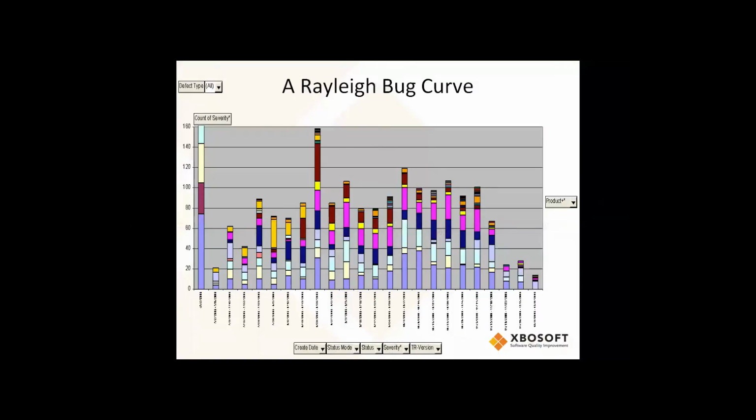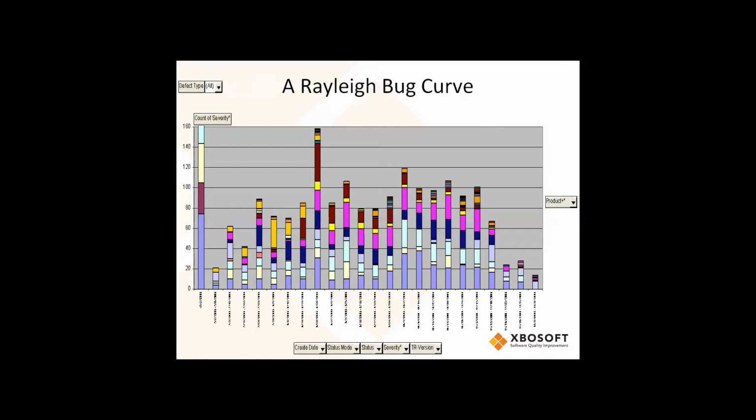And so this is what we call a Rayleigh bug or defect curve, and it's named after a 19th century British mathematician. That's where the name Rayleigh comes from. And it simply refers to the fact that patterns on development of knowledge-based systems like software follow a curve that builds to a peak and then has a long tail.